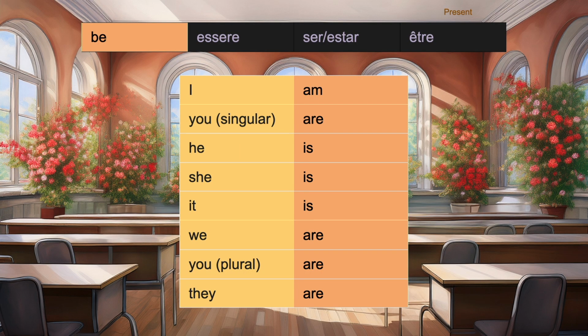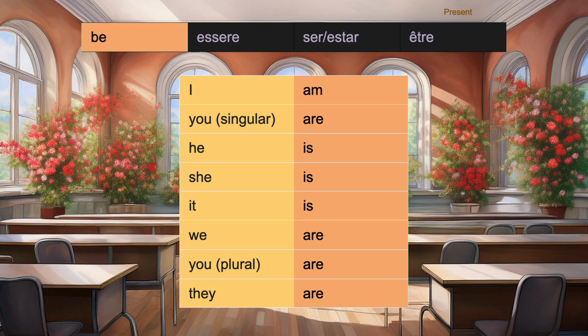Now let's review the present tense conjugation of the verb to be. I am. You are. He is. She is.